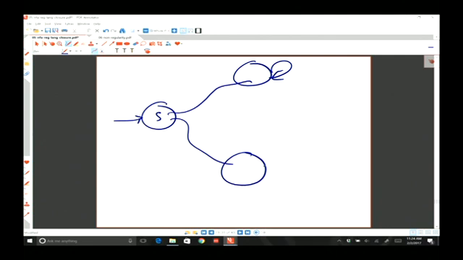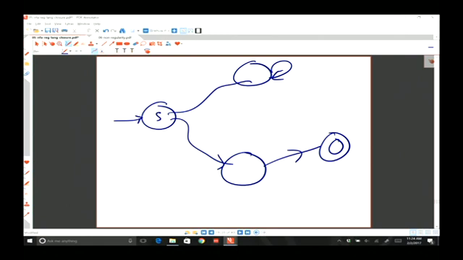This is my original DFA. So look at this state. If a string takes me from S to this state, what will happen here? I'll get stuck, because there are no transitions out of that. So any string which takes me from here to here is not going to be a prefix of something that my original machine will accept.